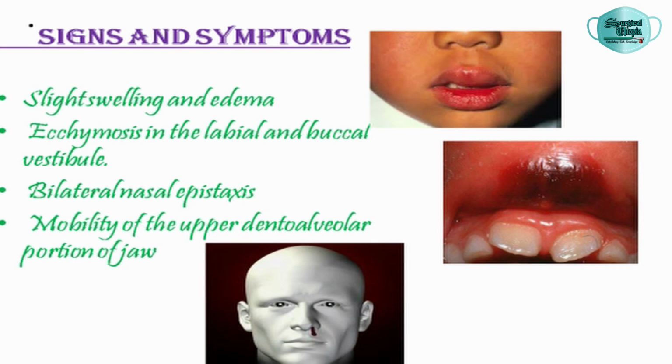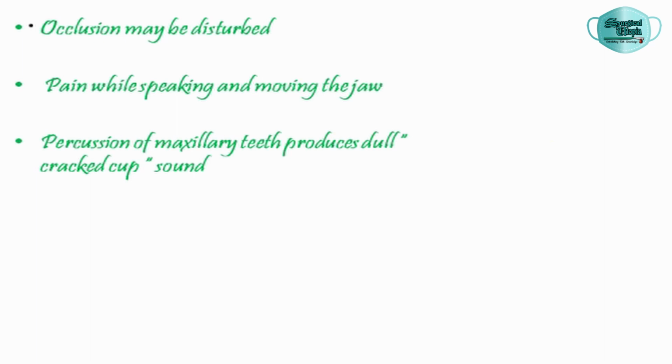And the fourth point is the mobility of the dentoalveolar portion of the jaw. If we palpate the upper alveolar ridge, there may be mobility of the dentoalveolar segment. The next one is derangement of the occlusion.